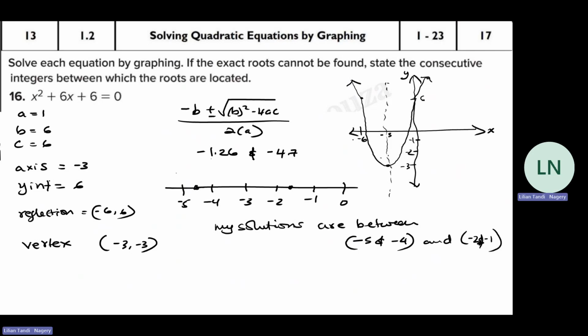Here will be my graph. This number will be -5, -4. This will be -2, -1, because that's 0. So my solution will be here and here, between these two numbers, -5, -4, -2, and -1. So that's how my graph will look.